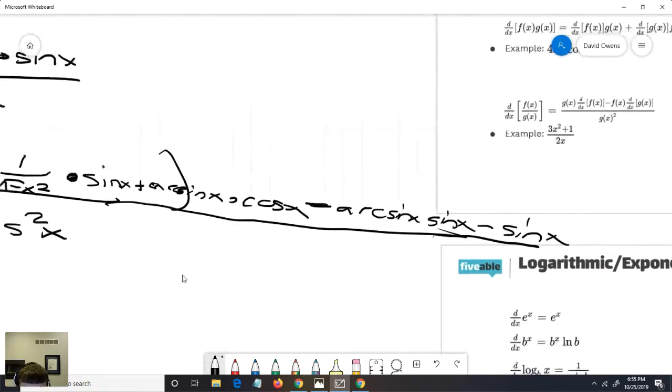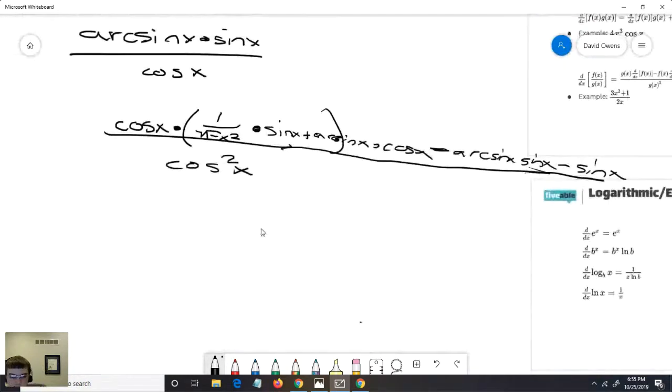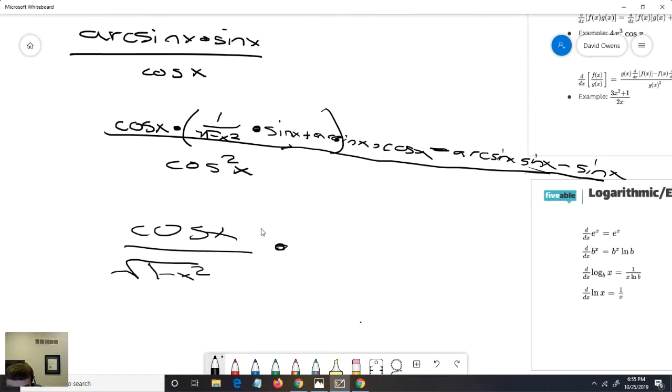So that's a bit of a monster, so let's simplify that a little bit. Simplifying this first bit, we get cosine x times 1 over root 1 minus x squared times sine x, plus arcsin x cosine x.